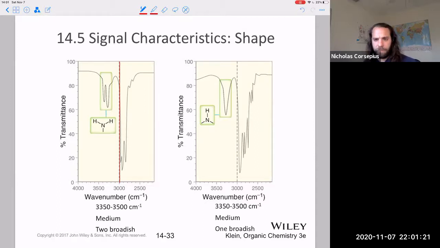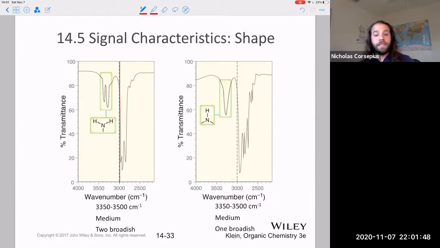I honestly, having worked in organic chemistry for a while, think that these diagrams here are a little bit deceptive in how narrow these peaks look. They tend to be kind of broad, okay? Because again, what broadens peaks is hydrogen bonding. Amines can engage in hydrogen bonding, so they're nowhere near as broad as alcohol groups, but they are still a little bit on the chubbier side, I would say.